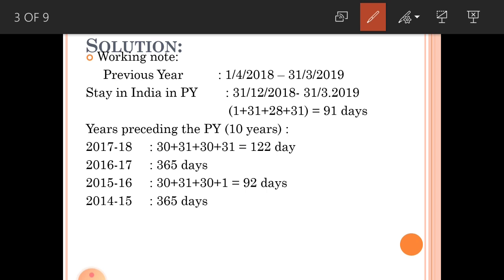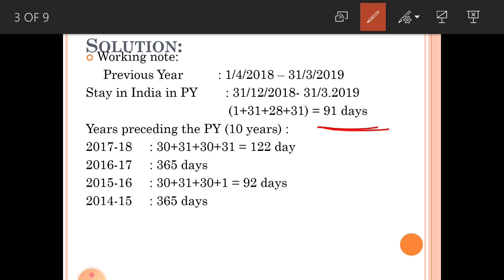So, one day in December, in January 31 days, in February 28 days, and in March 31 days. Total number of days he stays in India in the previous year is 91 days. So here he fulfilled the basic condition, that is basic condition number 2, 60 days or more in the previous year.